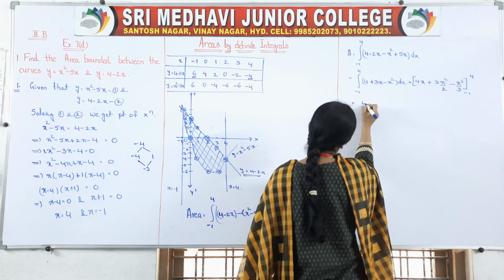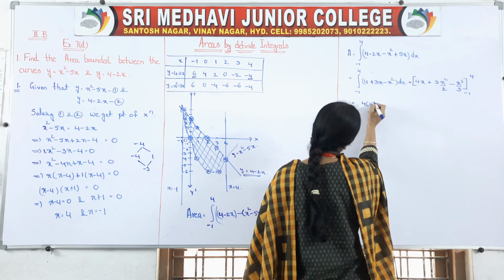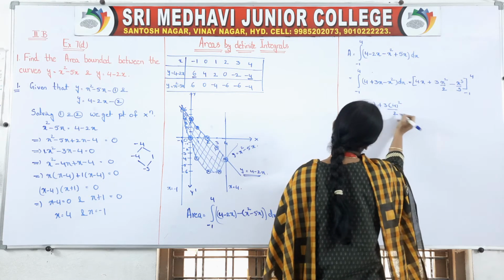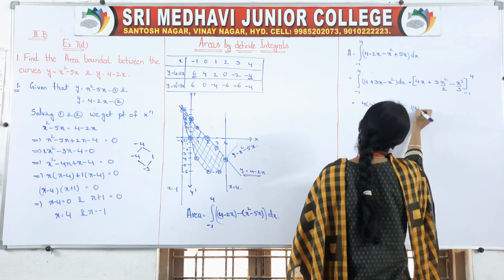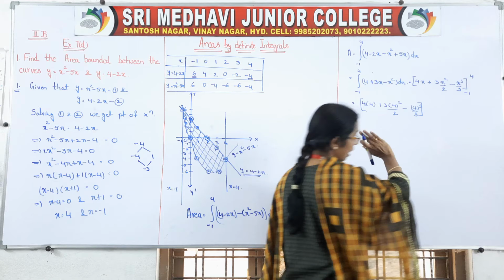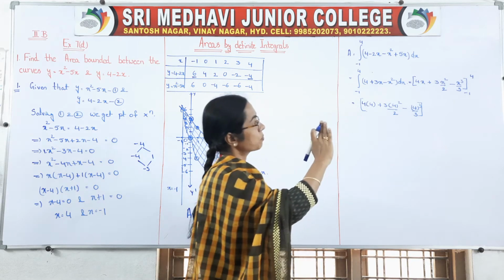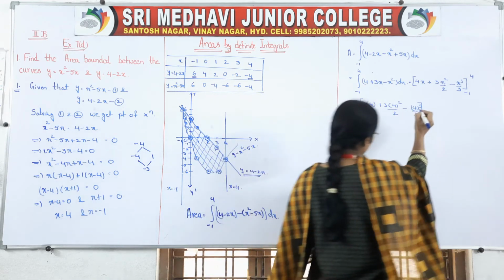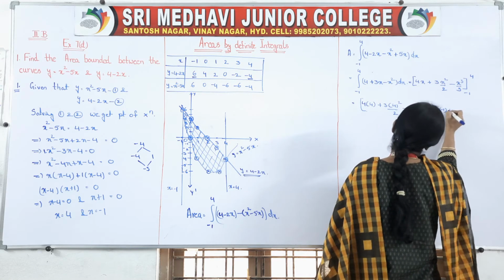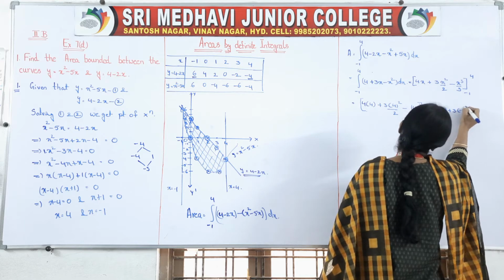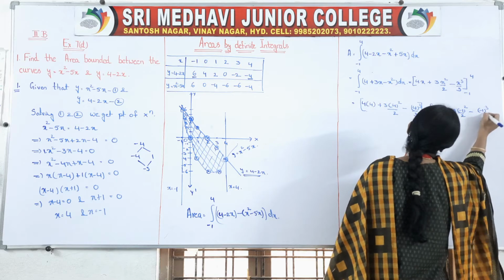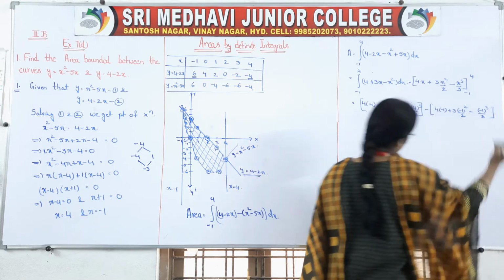So is equal to, come on, 4 into 4, right, plus 3 into 4 square by 2 minus 4 cube by 3. Okay, first, all the upper limit, in x values I substituted the upper limit, next the lower limit, right. 4 into minus 1 plus 3 into minus 1 whole square by 2 minus minus 1 whole cube by 3.